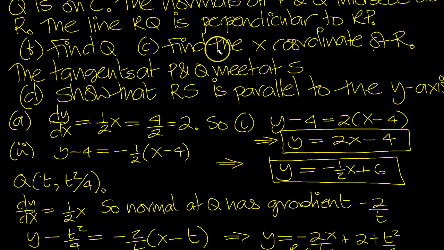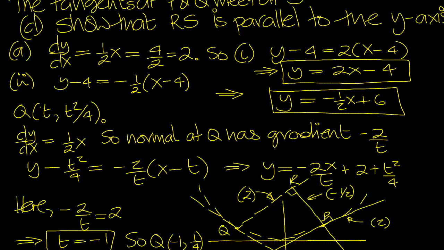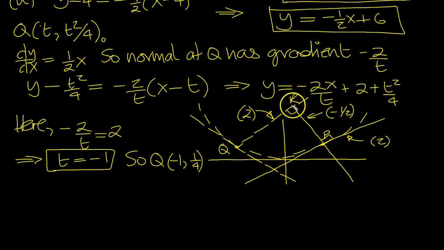Find the x-coordinate of R. So the x-coordinate of R here. Okay, so when do these lines meet? Well, first of all, this equation here, when t is minus 1, this is the equation of this line.